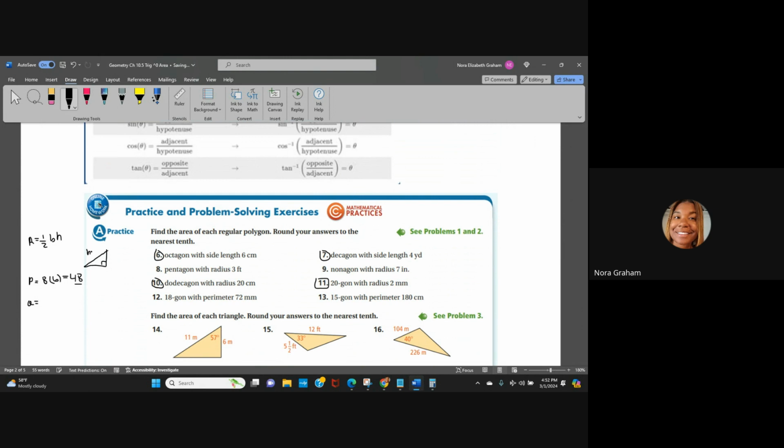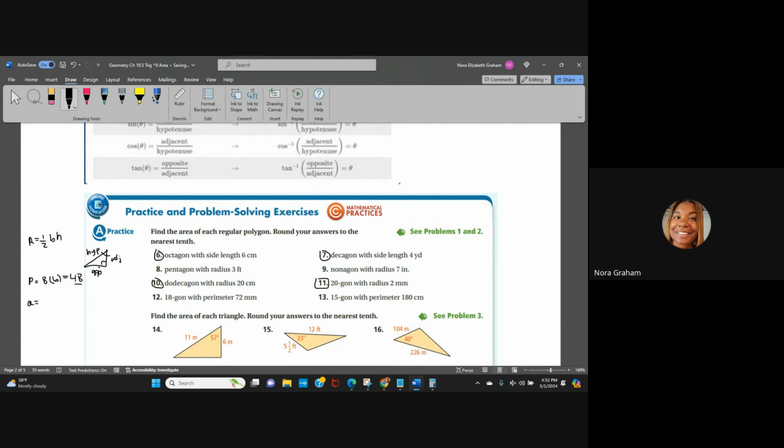Remember, our height is the side that's right across from our 90-degree angle. This is going to be the angle that we're going to find, and the side across from the angle that we're going to find is always going to be my opposite. And then the remaining side is just going to be your adjacent. And usually your adjacent is going to be your height or your apothem that we're going to find.